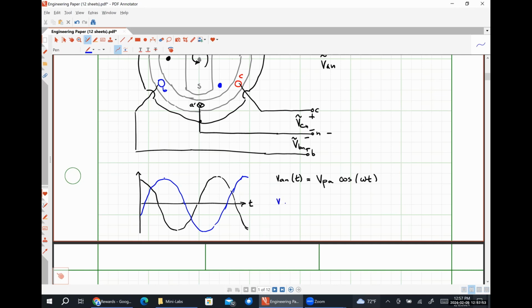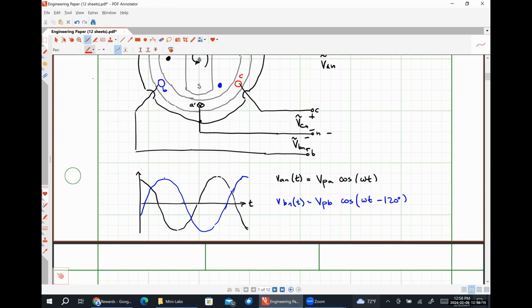And so we'll see that VBN of T is VP sub B, so whatever induced voltage we have, magnitude times the cosine of omega t minus 120 degrees.